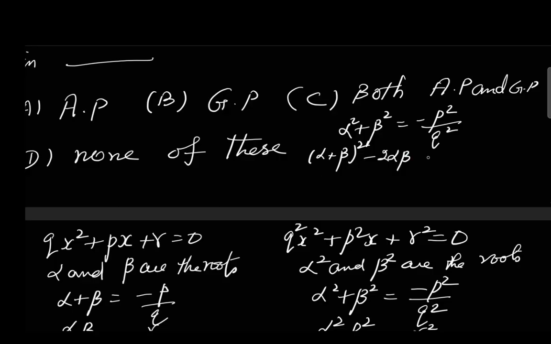Alpha plus beta the whole square minus 2 alpha beta equals minus p square by q square. So what is alpha plus beta? Minus p by q. So we will get p square by q square minus 2 alpha beta. Alpha beta is r by q, equal to minus p square by q square.